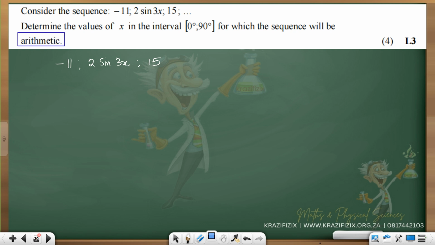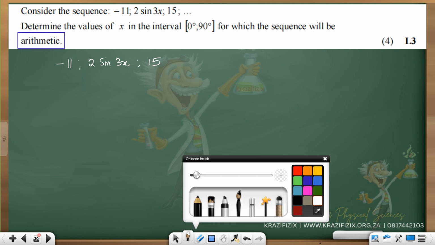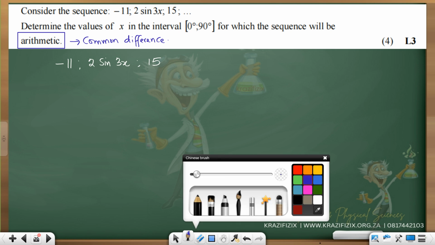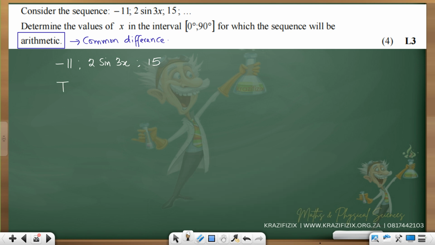I want to train you guys on reading. If it is arithmetic, then I should have a common difference. That's how we think in maths. What can I interpret? It means that my difference, T2 minus T1, should be the same as T3 minus T2. The questions may be different, the tones may be different, but the approach remains the same.